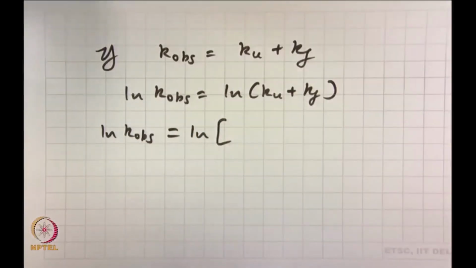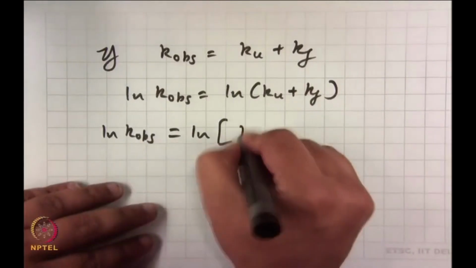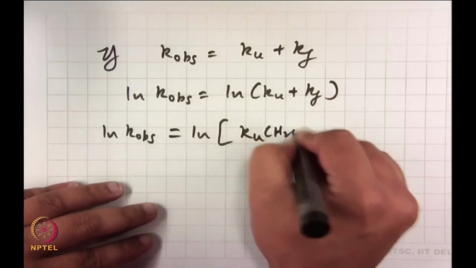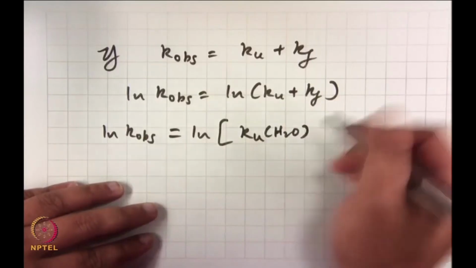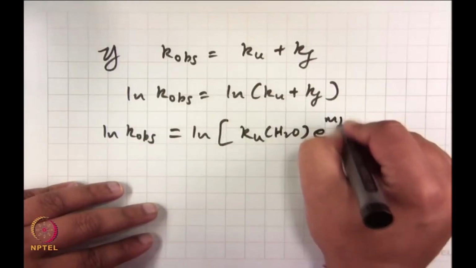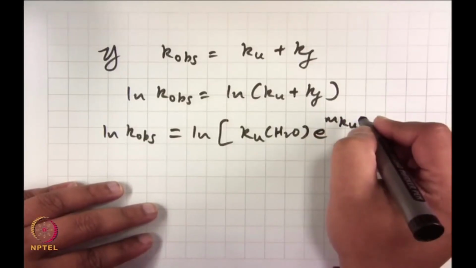Now, what is Ku equal to? What is Ku equal to? Can I write Ku H2O, then e to the power what? M Ku, what was it?